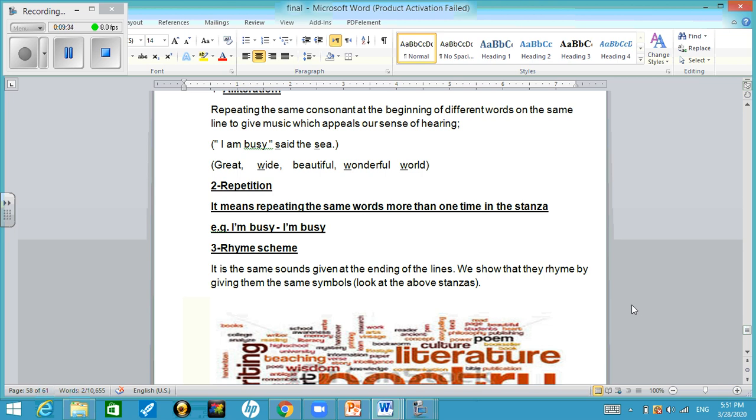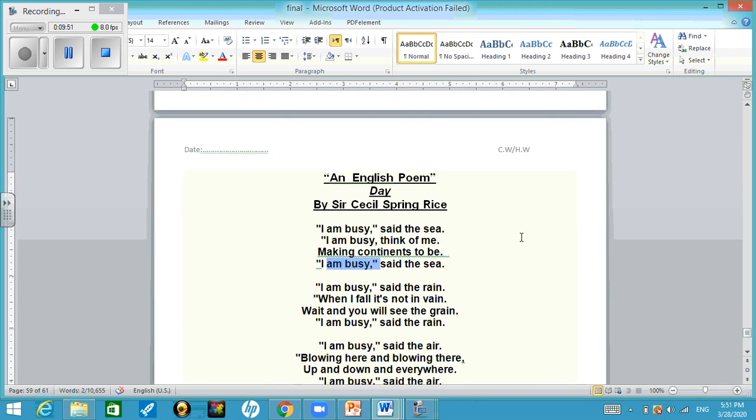Number 3, we have the rhyme scheme. What is the rhyme scheme? The rhyme scheme is the same sounds given at the ends of the lines. Like having the same sound at the end of the line. Like, "I'm busy, said the sea. I'm busy, think of me. Making continents to be, I'm busy, said the sea."